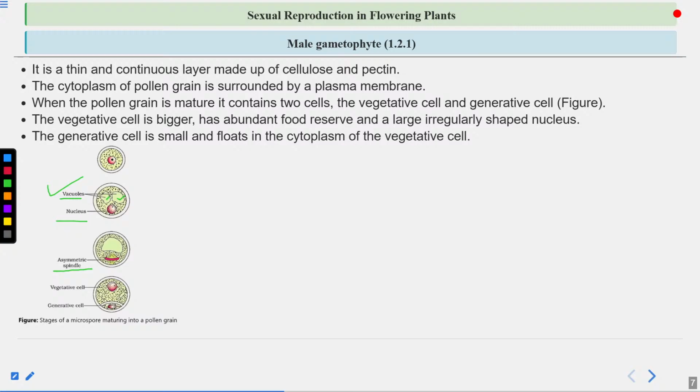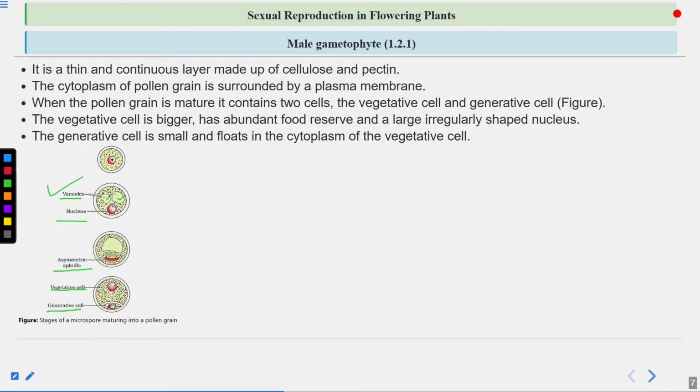It means the nucleus is divided. And when the nucleus is divided, you can see the generative cell nucleus is very small. The vegetative cell is quite a large cell with a very prominent nucleus and a good amount of cytoplasm. But when you compare it with the generative cell, the generative cell is very small and spindle shaped.